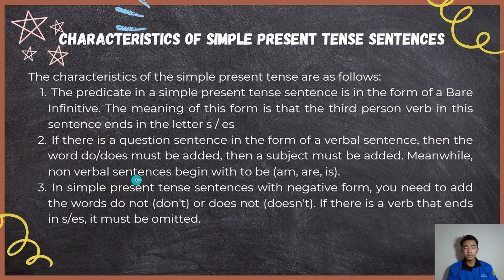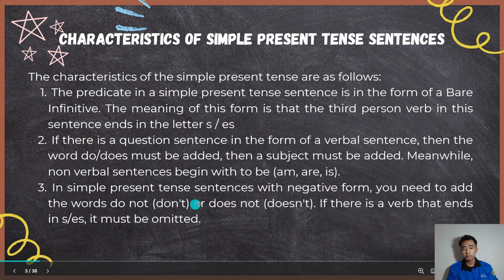Meanwhile, non-verbal sentences begin with to be: am, are, is. And the third, in a simple present tense sentence with negative form, you need to add the words do not or don't, or does not or doesn't. If there is a verb that ends in s or es, it must be omitted.